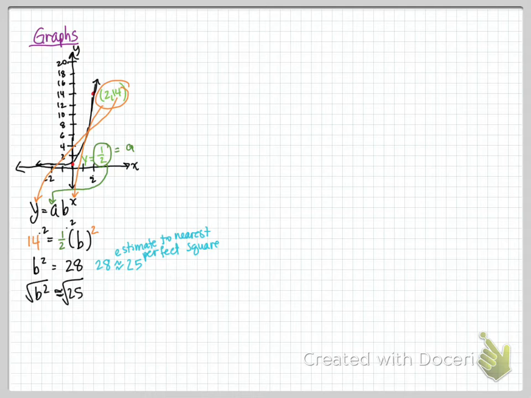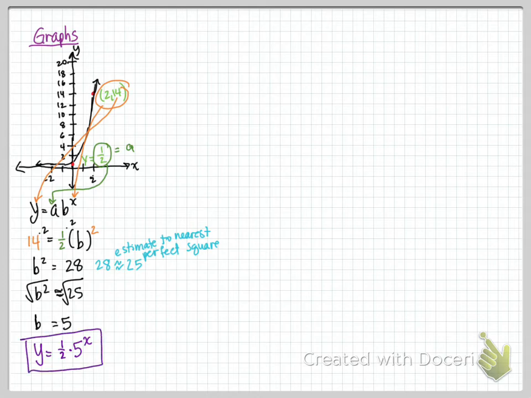Take the square root of both sides, and we get b equals 5. Putting that all together, we get y equals 1/2 times 5 to the x power.